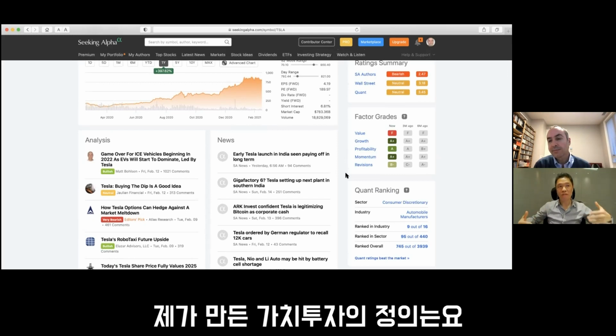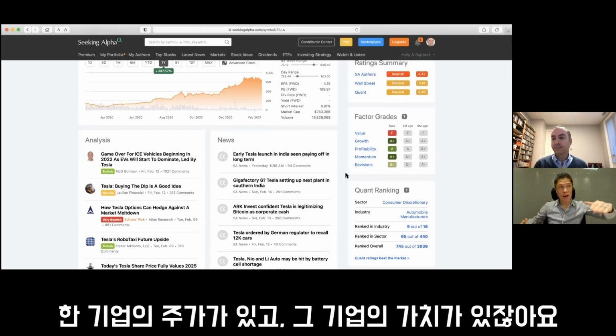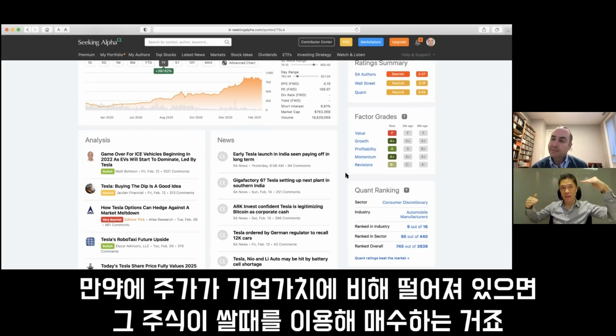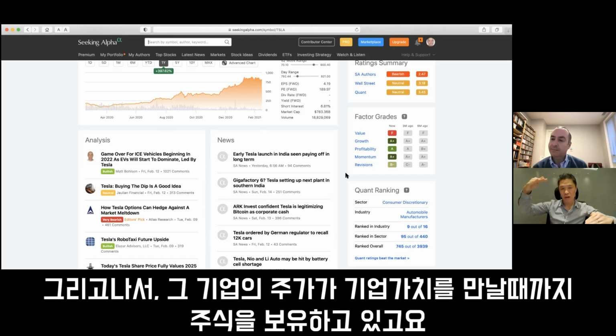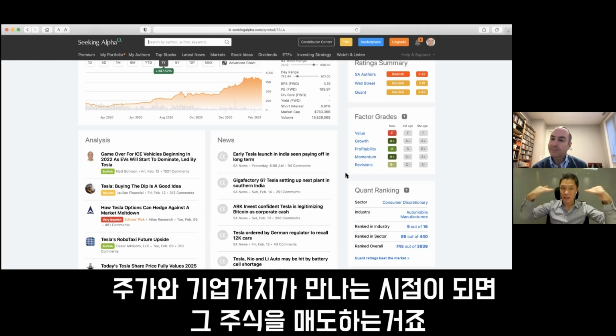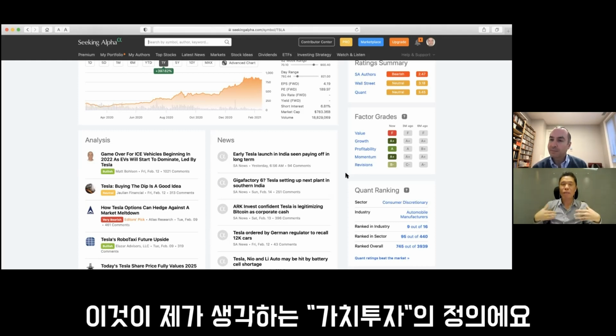My own definition of value investment is you have a stock price and you measure the value of the company. In case the stock price is lower than value, you buy when it's cheap, and you own it until that price goes up to the value level. And then when it meets, you sell. That's my own definition of value investment.